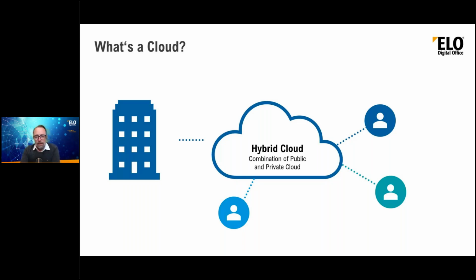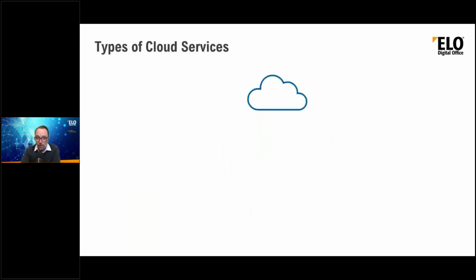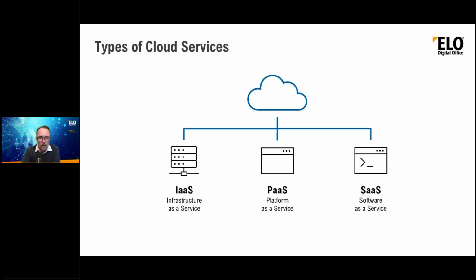So those are the different types of clouds, and there are different types of cloud services as well. For example, we have infrastructure as a service, where you just use the infrastructure which runs in some data center somewhere in the cloud, and with which you can do whatever you want. Then we have platform as a service, where you have an infrastructure and a platform for your own solutions, for your own things, which you want to operate there.